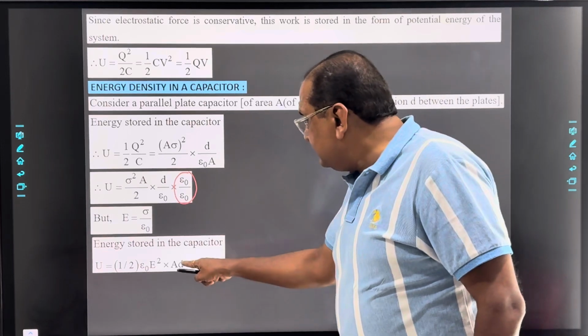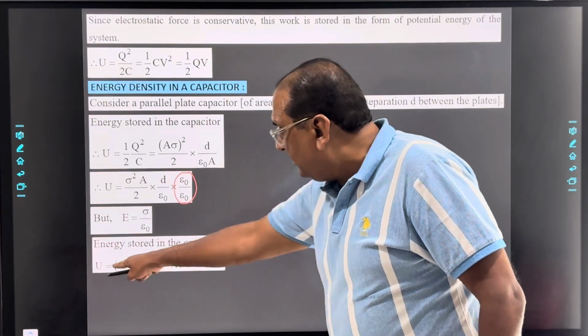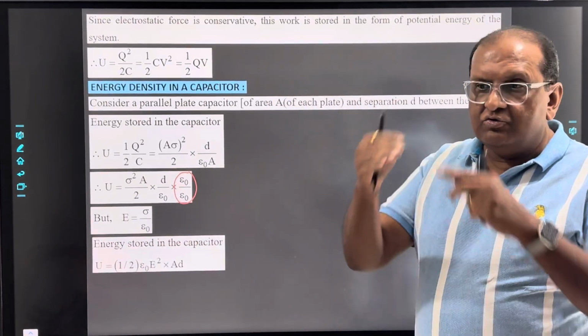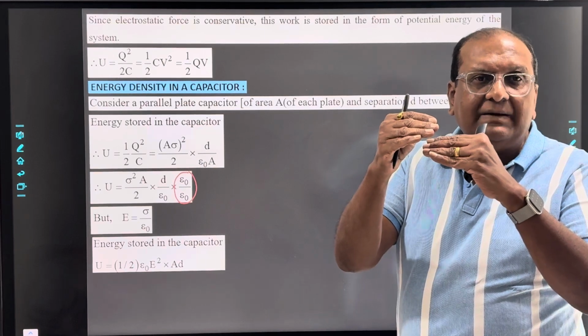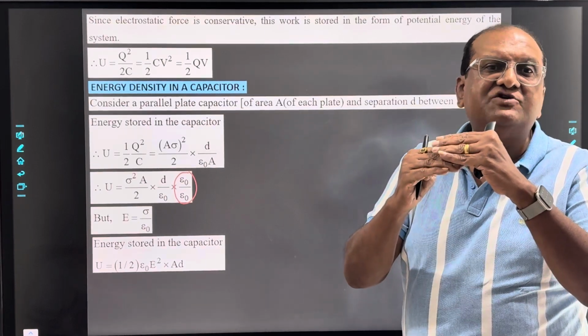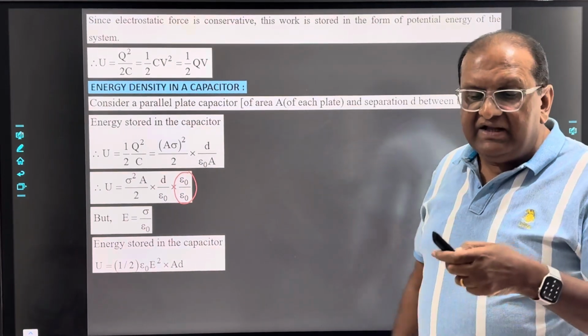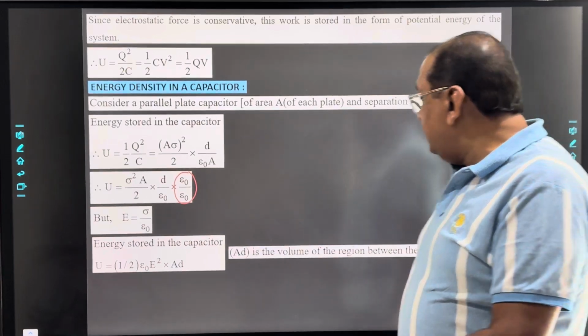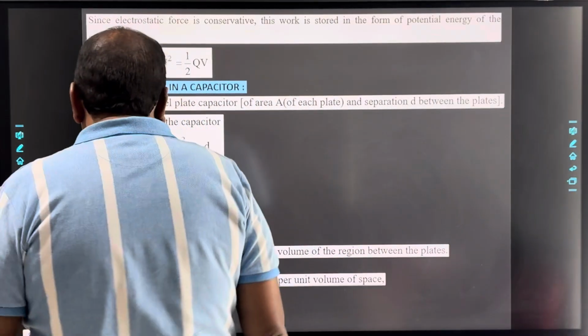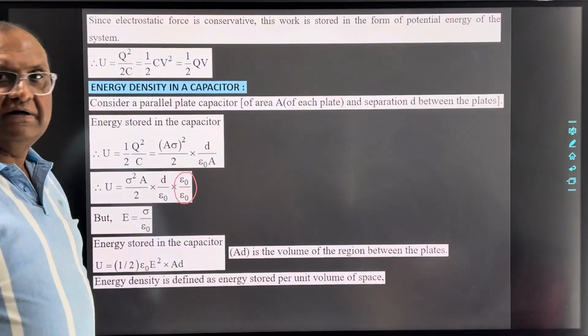So if we take the volume of the capacitor to the left-hand side, the total energy stored in the capacitor divided by its total volume gives the energy density in the capacitor. Clear?